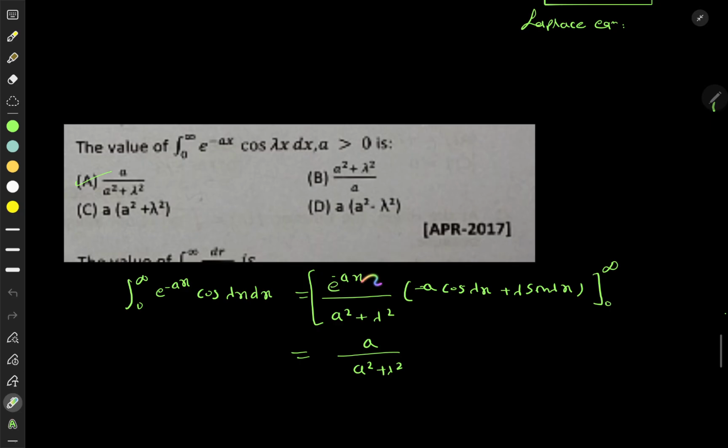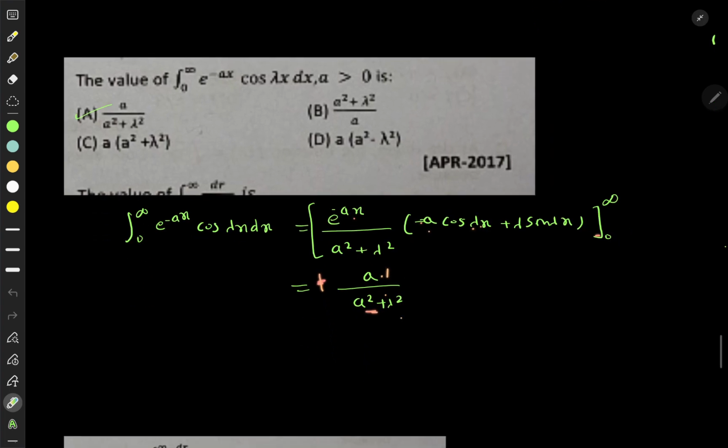So simply put, infinity, the whole term will be 0, and minus of the lower limit: e power 0 will be 1, and minus a cos 0 will be 1. So we'll get a upon a square plus b square. You know this very easy equation, pi by 2.